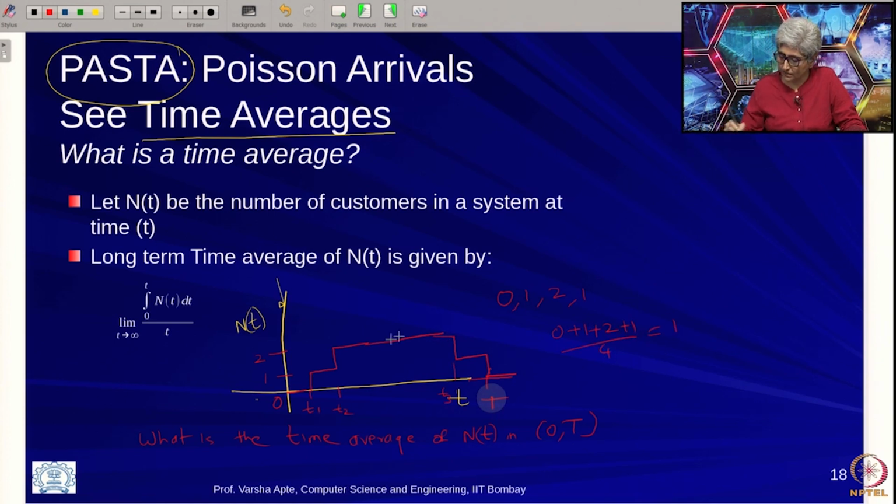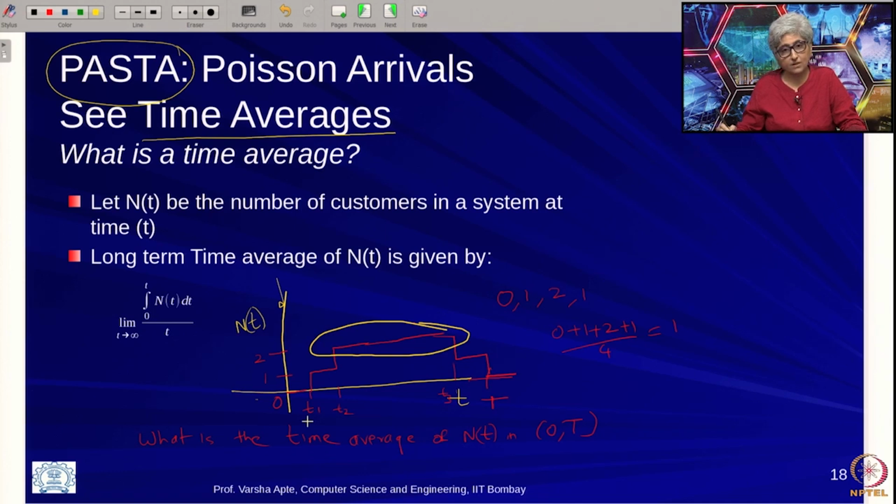But you can see that the value 2 was held by N(t) for a longer time, so it does not make sense that the average here is 1. Time average takes into account the time that a value is held. So what will this be?